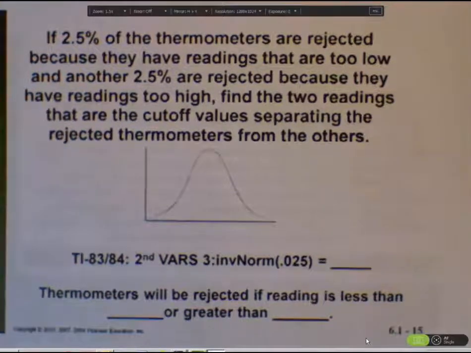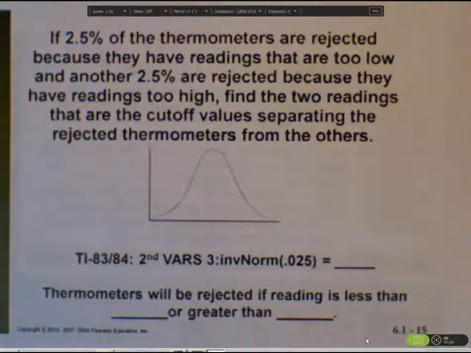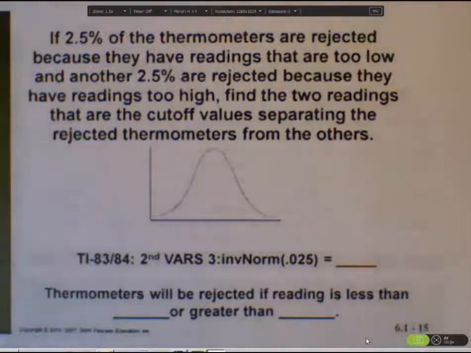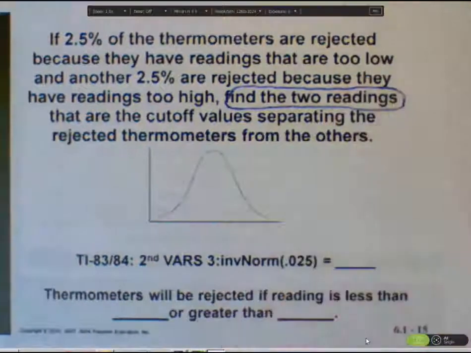If 2.5% of the thermometers are rejected because they have readings that are too low, and another 2.5% are rejected because they have readings too high, find the readings that are the cutoff values separating the rejected thermometers from the others. The word that tells me to use inverse norm rather than normal CDF is this: it doesn't say find the probability or area, it says find the readings.